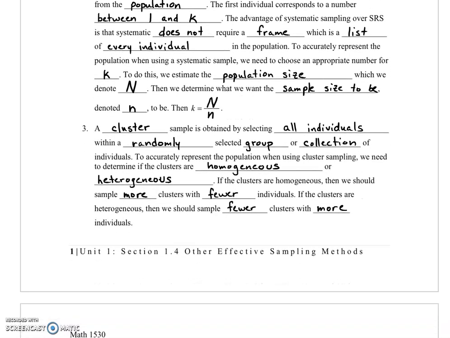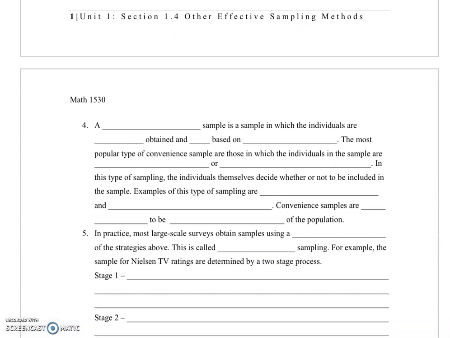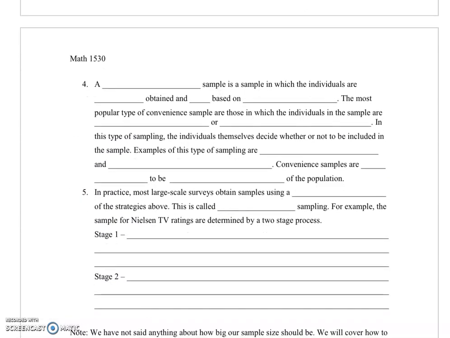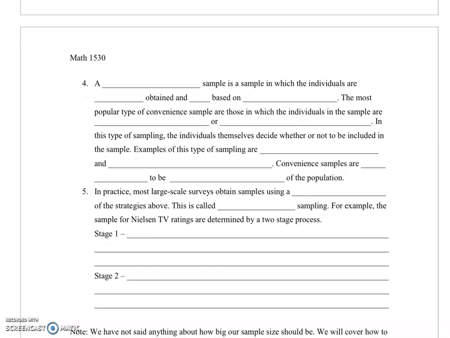Okay, let us move on to the fourth type of sampling, which is what we call a convenience sample. So a convenience sample is one in which the individuals are easily obtained and is not based on randomness.